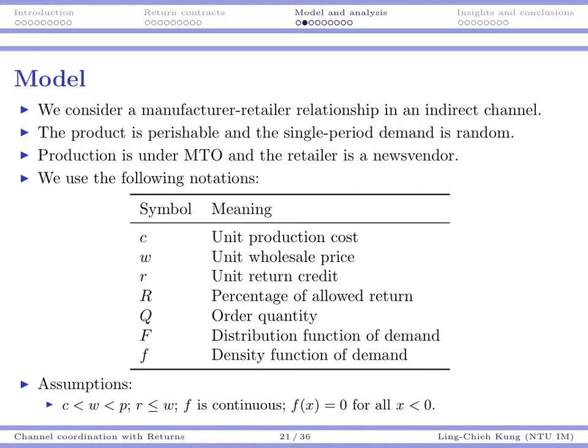If r is greater than W, then the retailer will not try to sell anything. Small f is continuous, and the demand must be non-negative. Okay, these are just some technical assumptions for us to do the derivations.